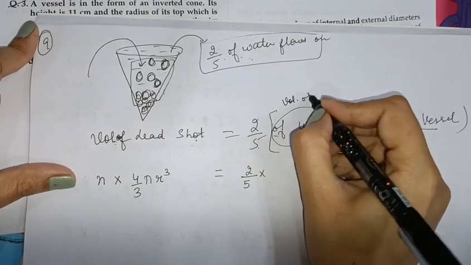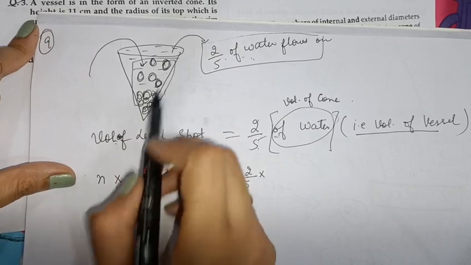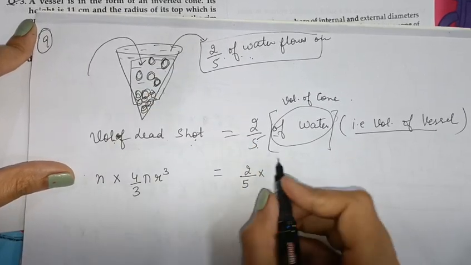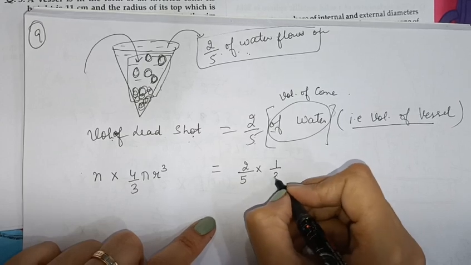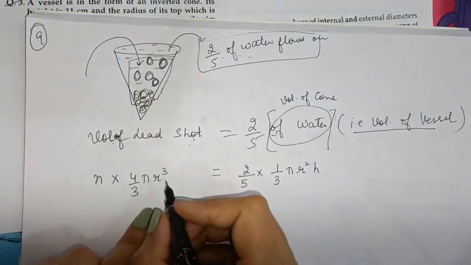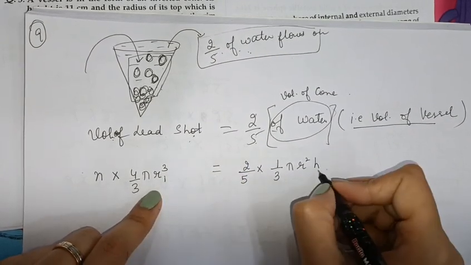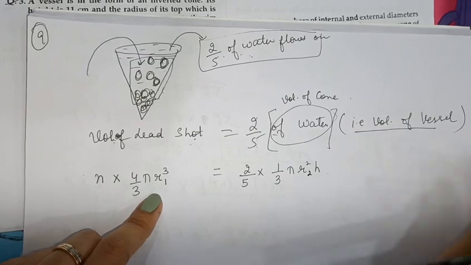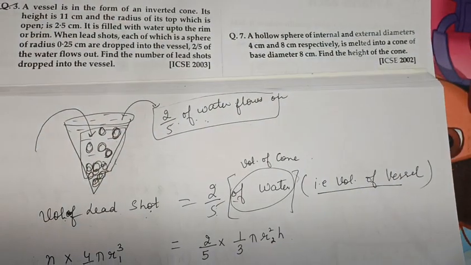Water is nothing but the volume of the cone, because the same amount of water is there. So 2/5 of the volume of cone. Volume of cone is 1/3 pi r square h. Now here r is different. Let's say the lead shot's radius is r1 and the cone's radius is r2. So let's write the given things. I hope you have understood the concept.